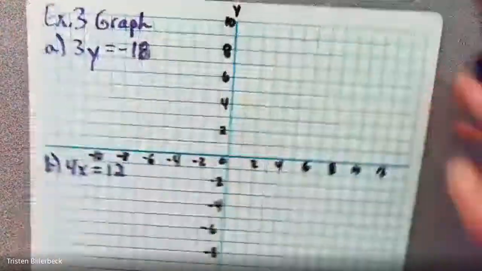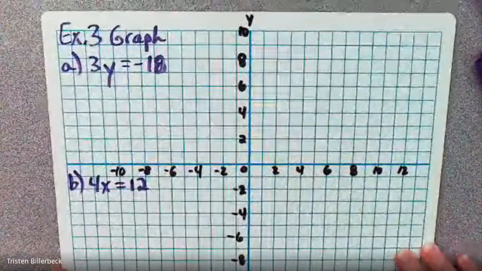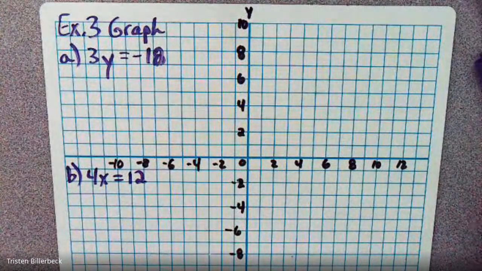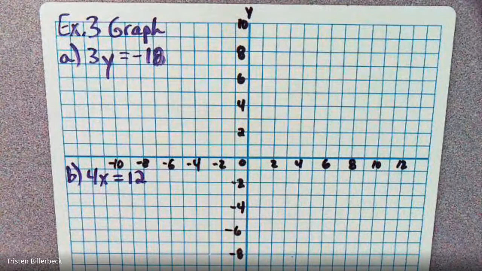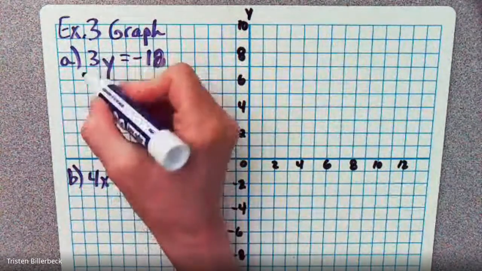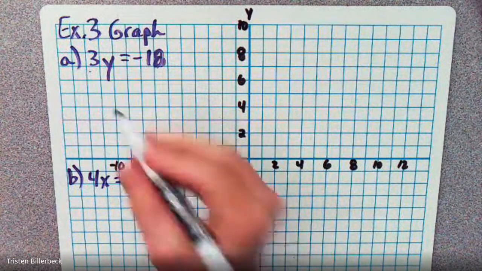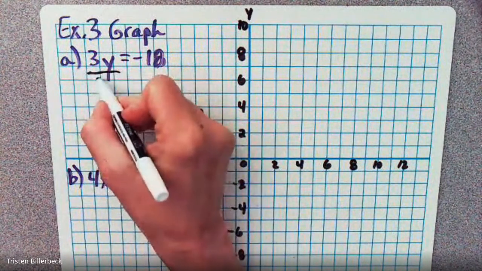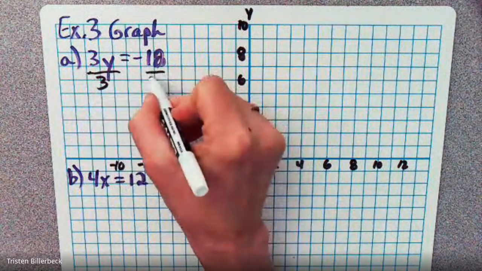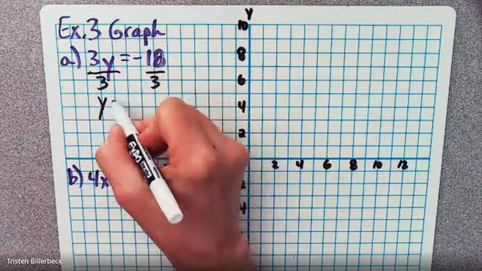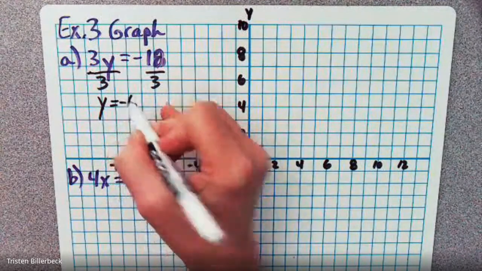All right, next we have this type of graph. Okay, well, this one is in standard form, but let's actually just divide that 3 out. Let me use a different pen here. And let's see what we have. So this ends up, once we reduce this, y is negative 6.